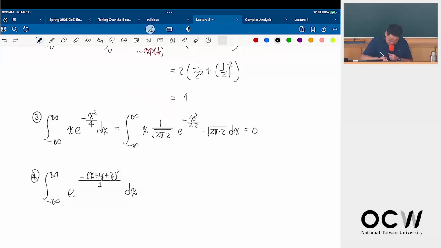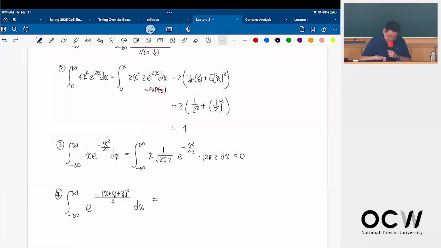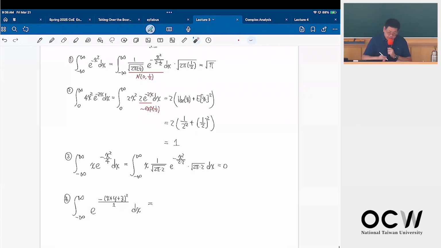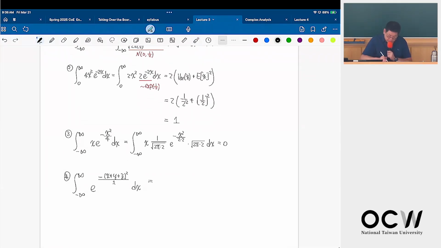Then you try to find this integration. What is the result of this integration? This one should be square root of pi.